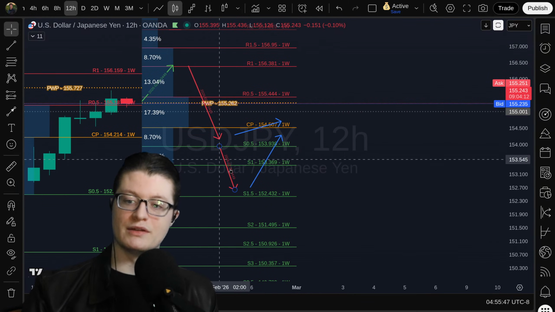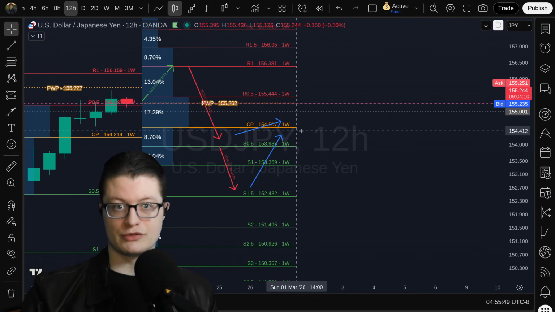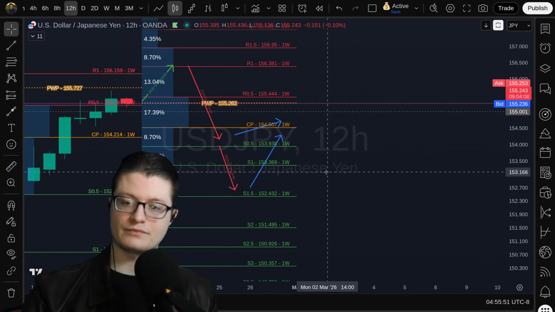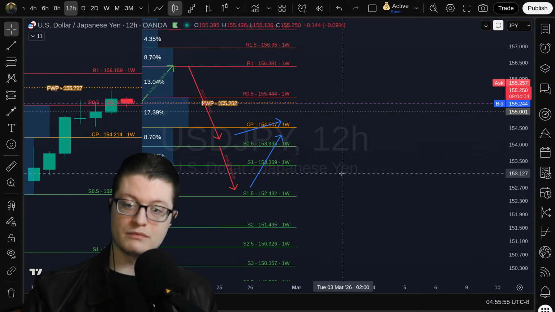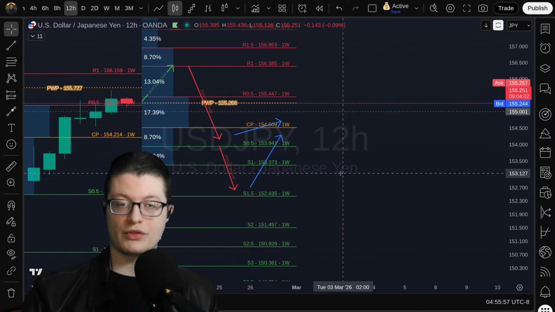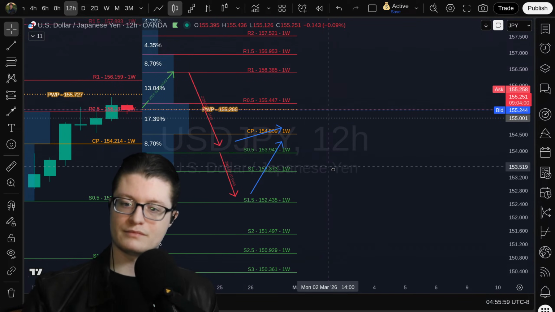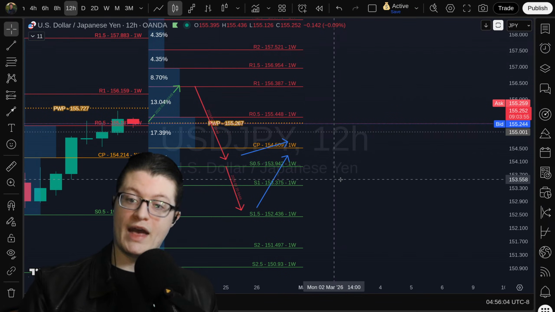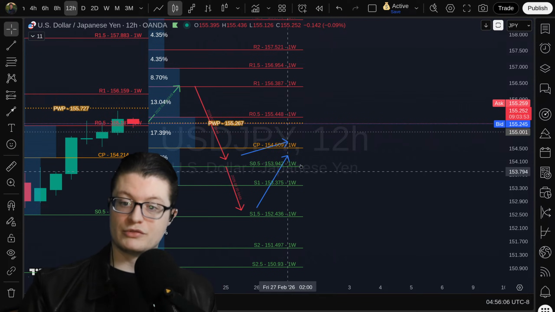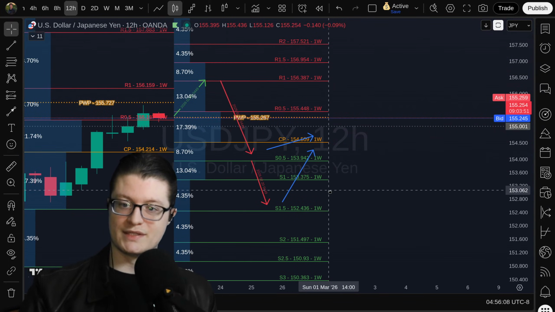But in this scenario, there's another directional trade to set up. And that would make paying swap, if you have to pay swap, worth it. So that would be the approach to trading with this indicator on dollar yen for next week.